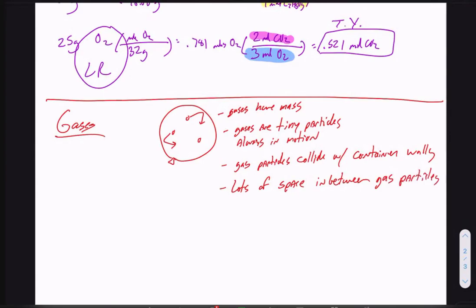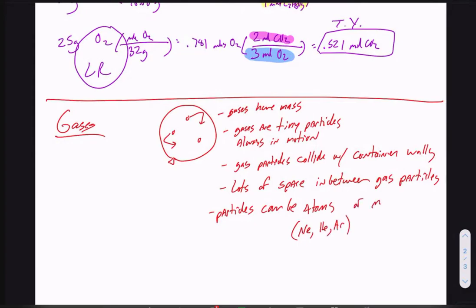And when I say gas particles, particles can be atoms or they can be molecules. If they're going to be atoms, they're going to be something like neon, helium, argon, right, etc.